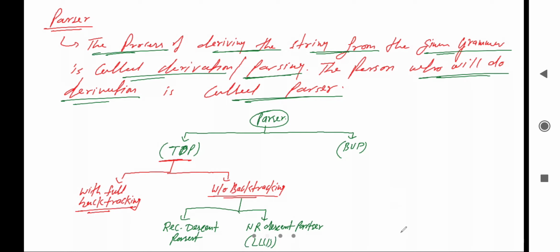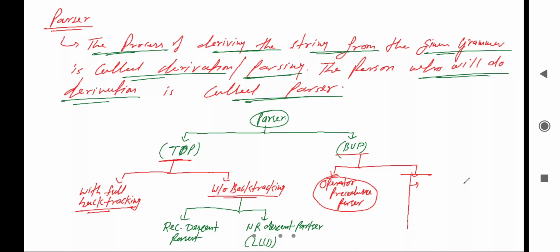What about bottom up parser? For bottom up parser, it is not two types, there are quite a few types. One is the operator precedence parser. Another one is the LR0 parser.